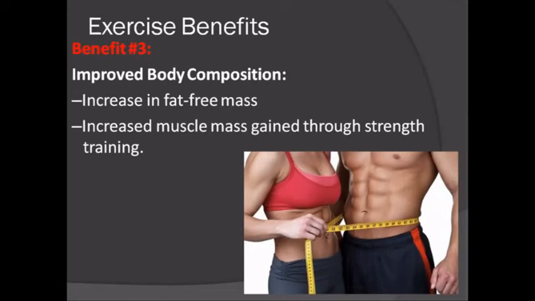As we mentioned before, doing physical activities can help you to decrease or to avoid the excess body fat. And also, we have mentioned earlier that doing strength training can help you to increase your muscles in size.